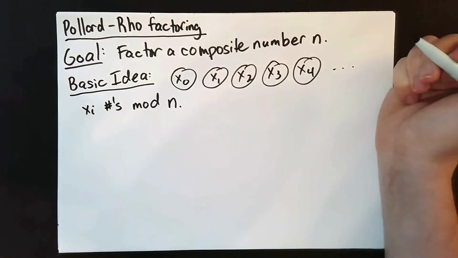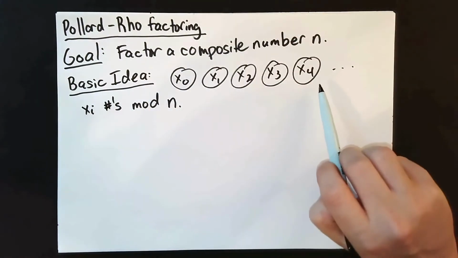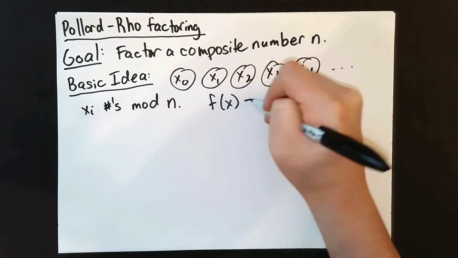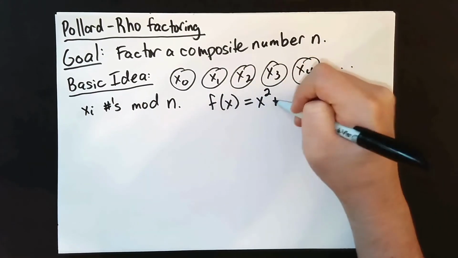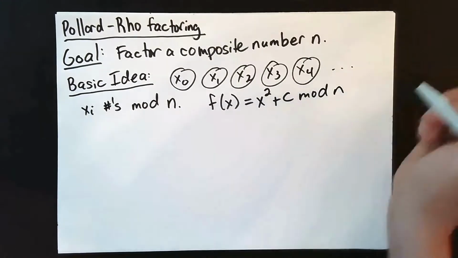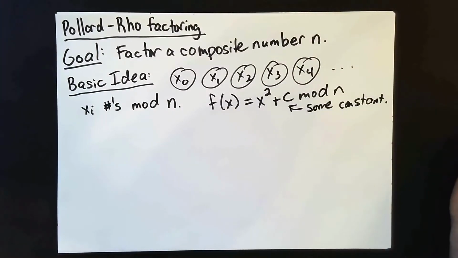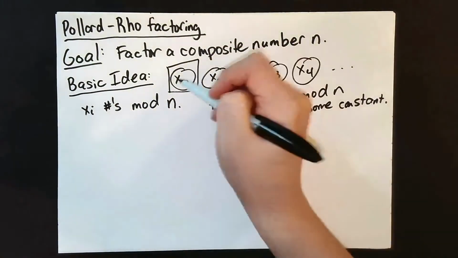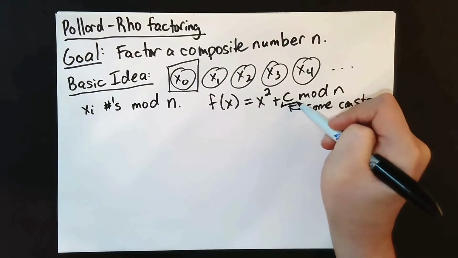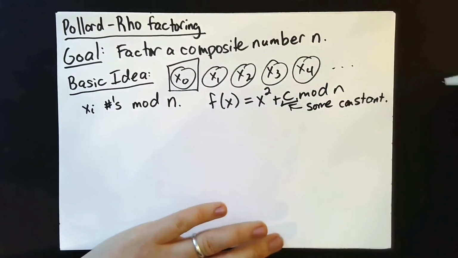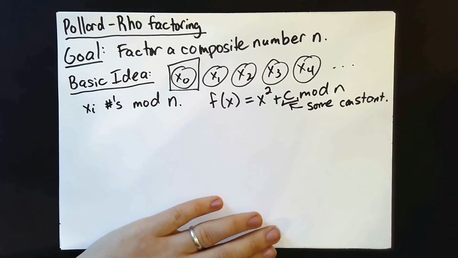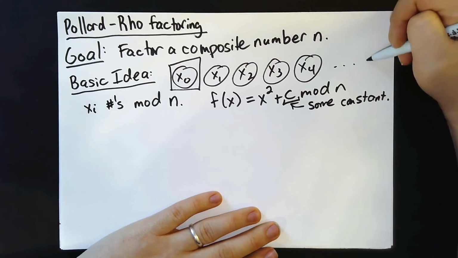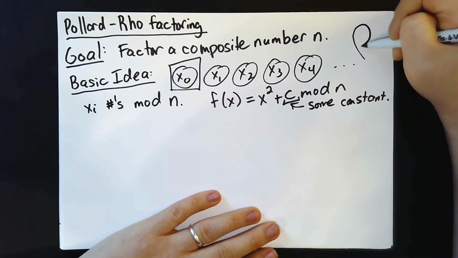We're going to generate them by coming up with a function from the numbers mod n to the numbers mod n, and that function is usually going to be something of the form x squared plus c mod n, where c is just some constant. As soon as I pick my first step, x0, and the c, the rest of the path is completely determined, just like we've been talking about. And so the rest of the path is forced to have this sort of rho shape.